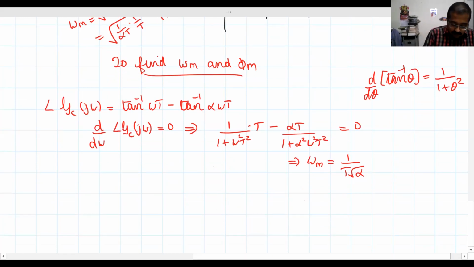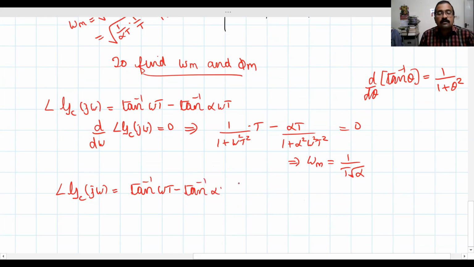You just substitute it back. Again, angle GC of j omega is tan inverse omega T minus tan inverse alpha omega T. The maximum phase angle occurs at omega m, and the omega m value we know is 1 by T root alpha. I am calling that maximum phase angle phi m.